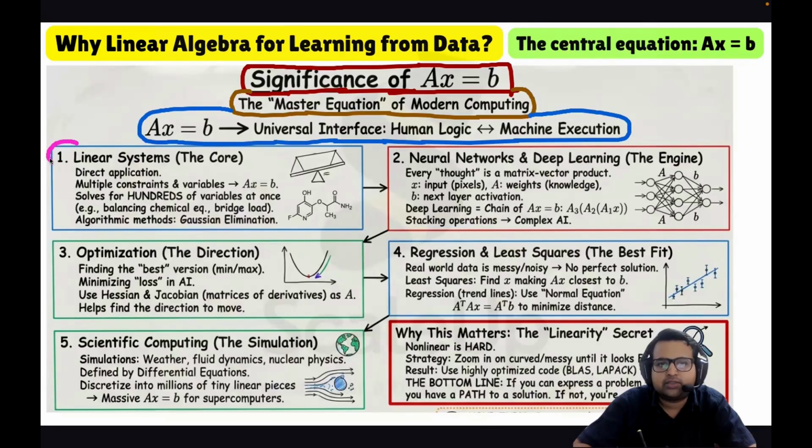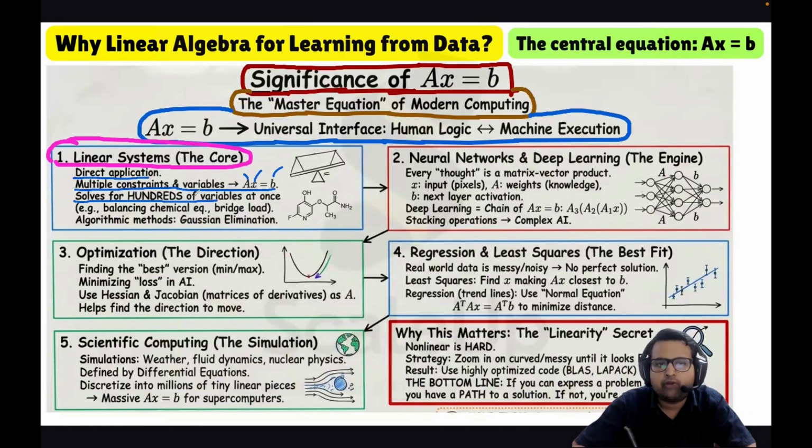First, linear systems. This equation is the core of linear systems, its most direct application. Any problem where you have multiple constraints and multiple variables can be written in the form Ax = b. The significance is that this equation allows us to solve for hundreds of variables at once, because x is not just one variable but a vector. x is a vector, b is a vector, and A is a matrix.